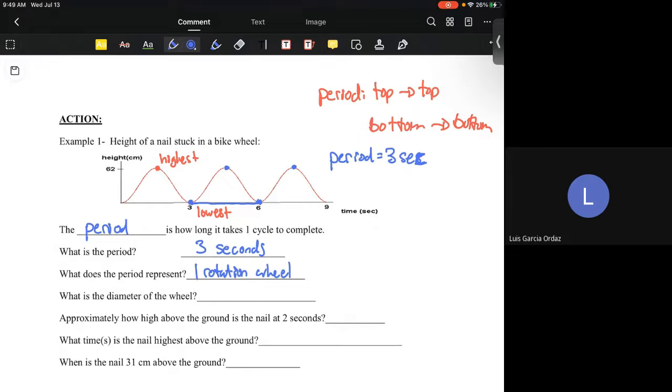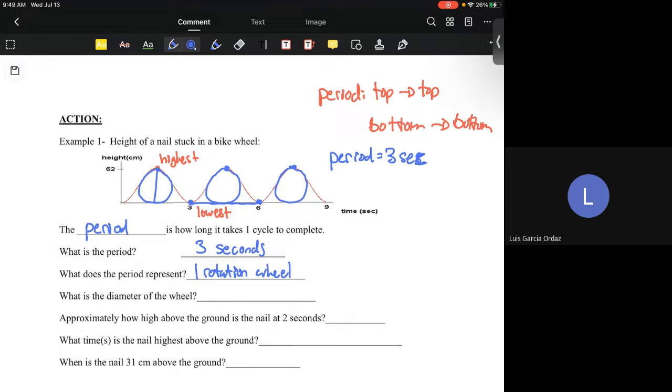So now it is asking us what the diameter of the wheel is. So remember, diameter is all the way across. So if we look at this as a wheel, if I draw circles here, this is the wheel of the bicycle. Like I said, diameter goes all the way through.